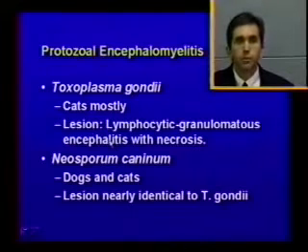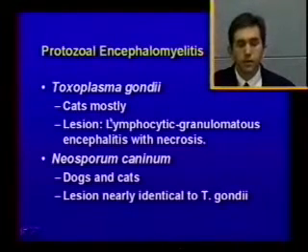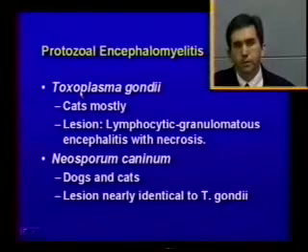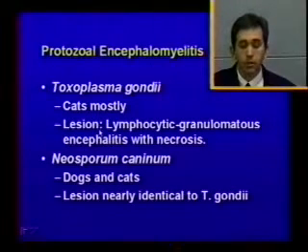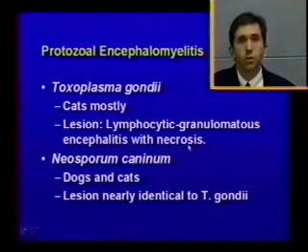Cats can also develop protozoal encephalomyelitis. Usually this is caused by Toxoplasma gondii, just as this agent caused pneumonia. And the lesion that we see histologically would be a lymphocytic and granulomatous encephalitis, and this agent also causes tissue destruction or necrosis.